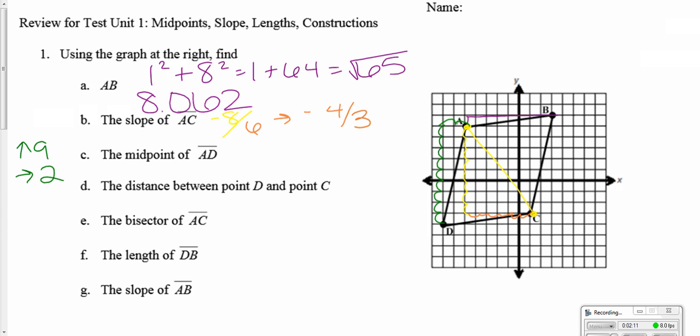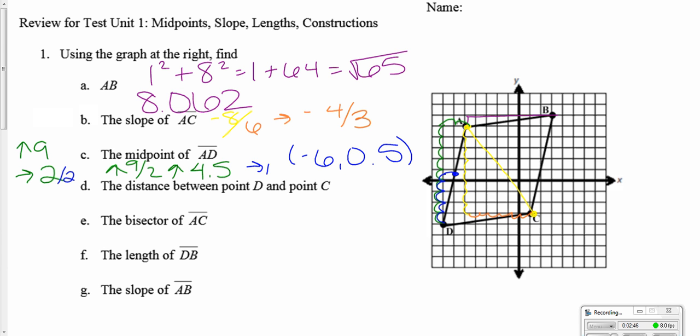So from point D, I'm going to want to go up half of 9, so I want to go up 4.5 spaces. 1, 2, 3, 4 and a half. And then I want to go over 1, because that's half of 2. So here's my midpoint, and that point is negative 6, 0.5.